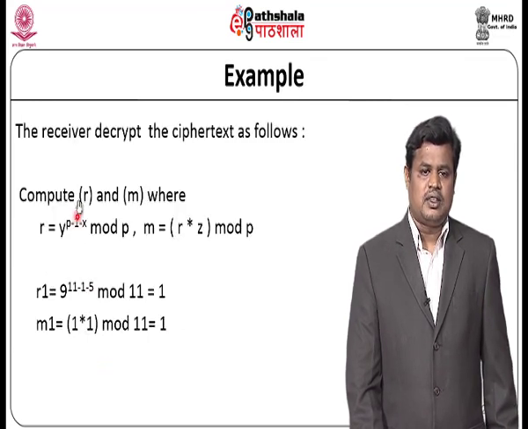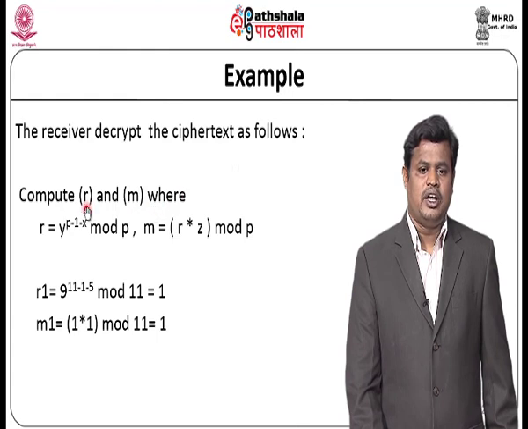After receiving that, they go for the decryption process of the ciphertext as follows. Here they need to compute R and M, where R is equal to Y to the power P minus 1 minus X mod P, and M is equal to R into Z mod P. So we can see that 9 power 11 minus 1 minus 5 mod 11 is equal to 1, and M is equal to 1 into 1 mod 11, which is 1.